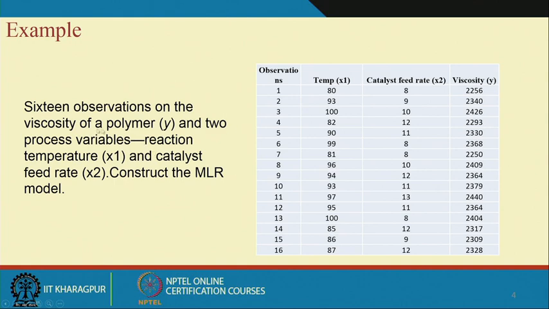Suppose the viscosity of a polymer is of importance, whose behavior we want to assess, and we also want to characterize it with reference to two process variables, reaction temperature x 1 and catalyst speed rate x 2. Suppose we assume that they are linearly related.